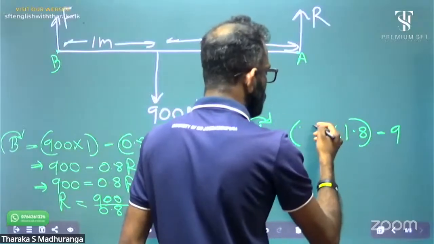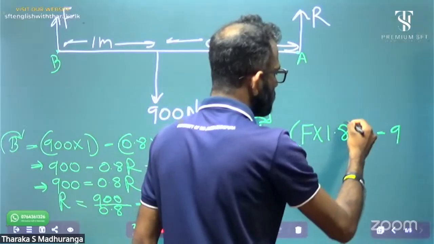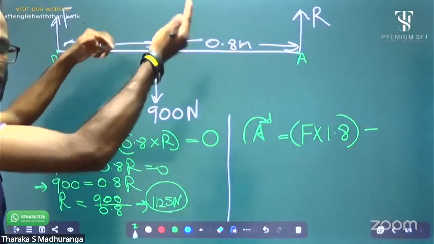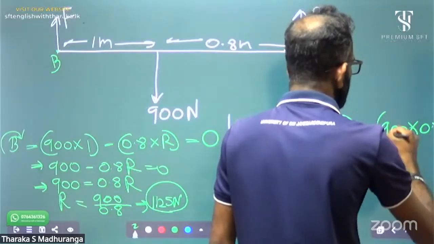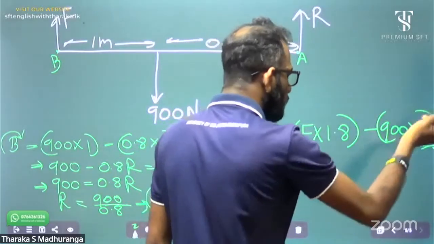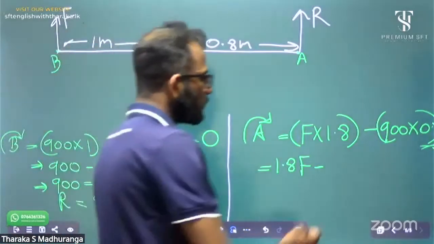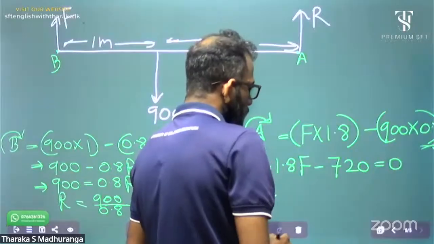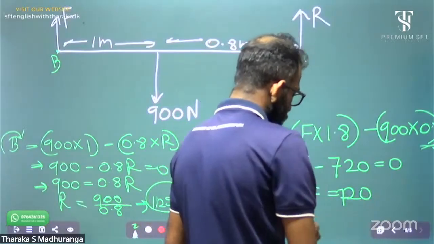So 1.8 times the force minus 900 into 0.8 equals 0. 900 into 0.8 is 720, so 1.8 times the force equals 720.